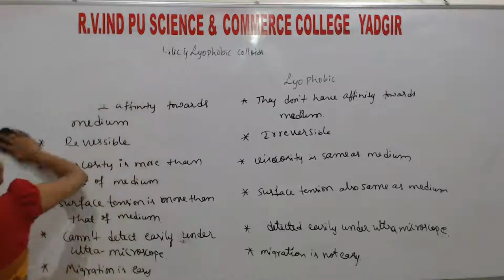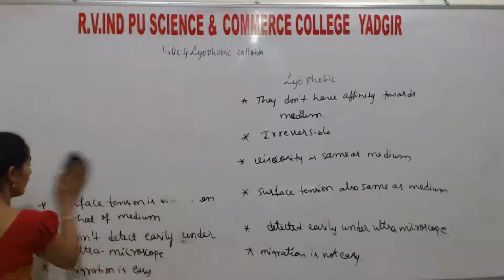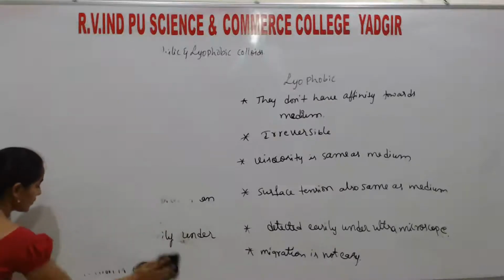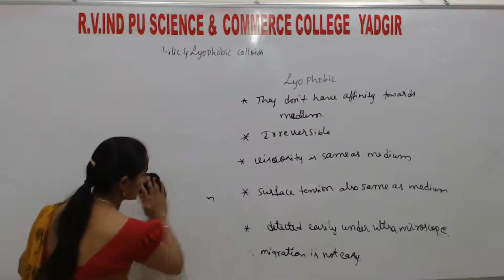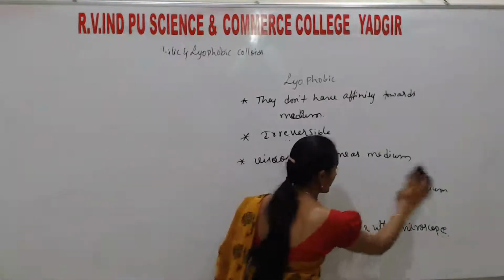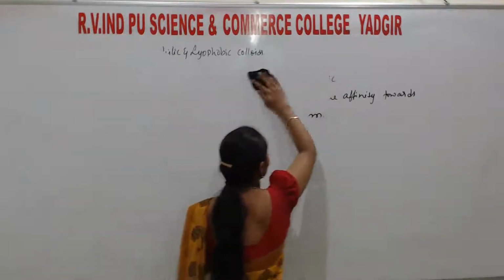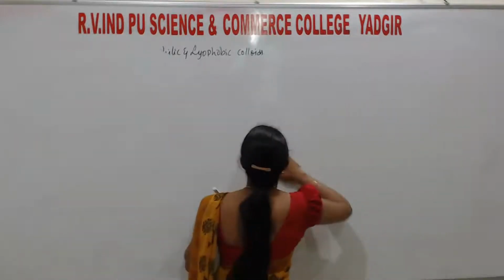So students, next we are going to discuss another type of classification of colloids. The first one we discussed was based on physical state, like gel, solid sol, foam, solid aerosol and liquid aerosol. Correct?